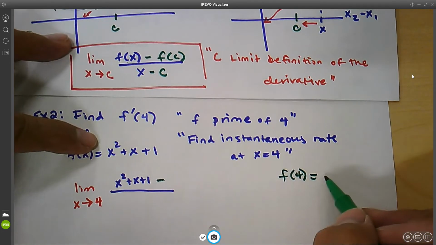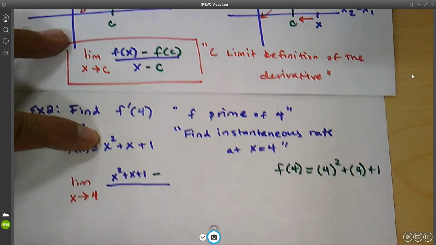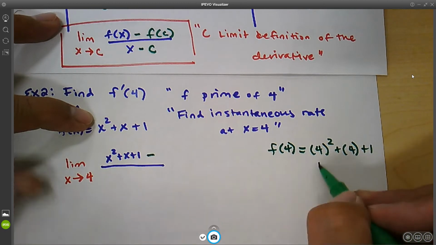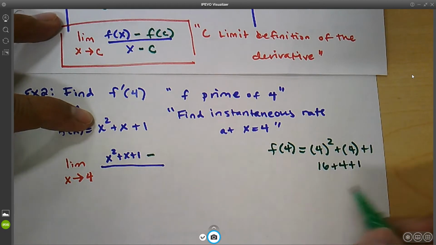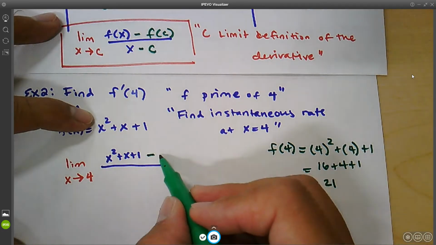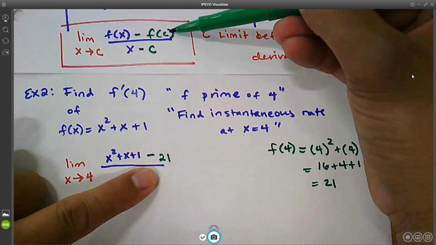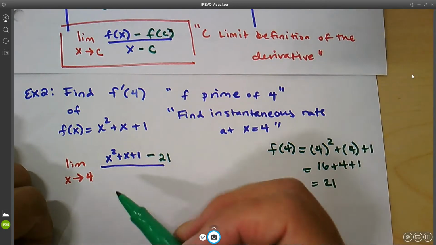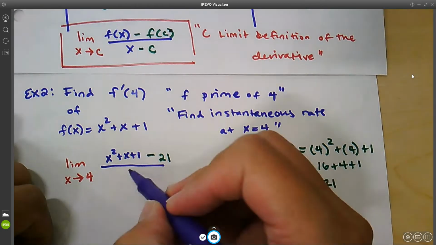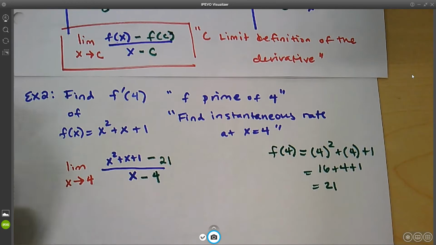In this problem, I could actually calculate it first. F of 4 is 21. That's this part right here. The x in the c just appears again down there. So we set up our own limit, and then we go to evaluate the limit.